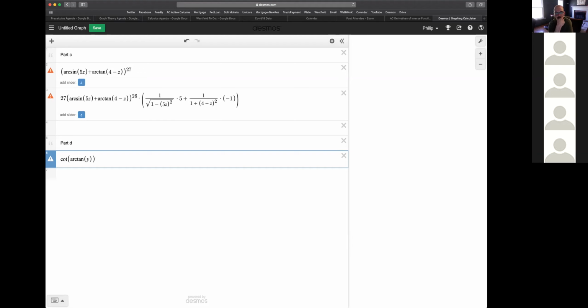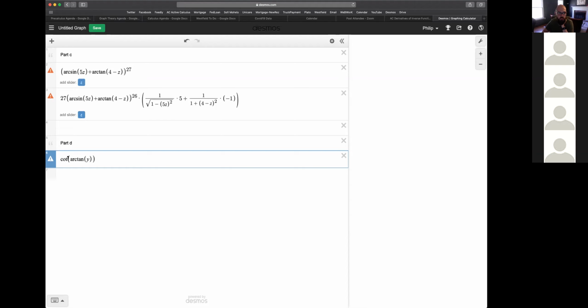So you're saying chain and a product. I see the chain, I see the composition. Where's the product? The cotangent times the arctan.